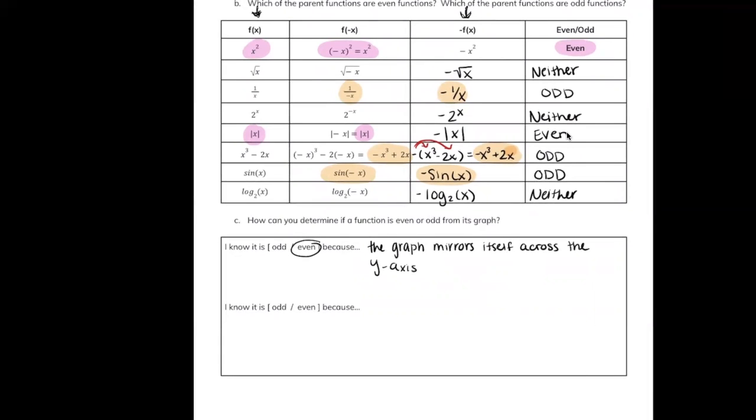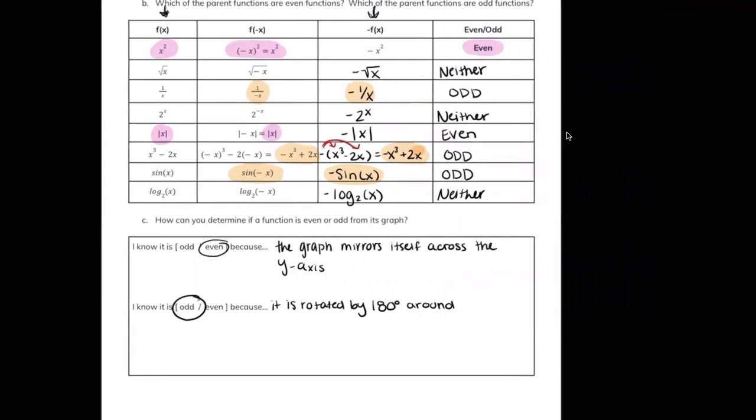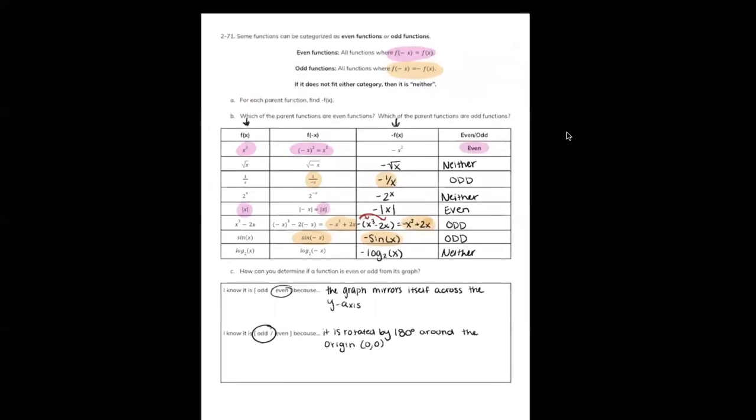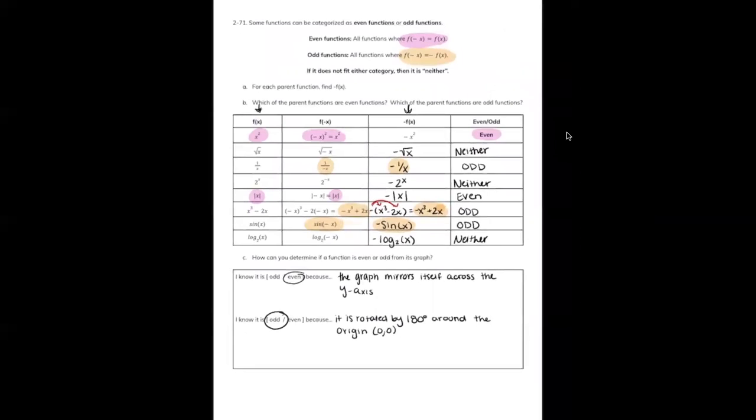You already have this written from yesterday. And we should know that a graph is odd because it is rotated by 180 degrees around the origin. So we should be able to have this all filled out on our paper, no problem.